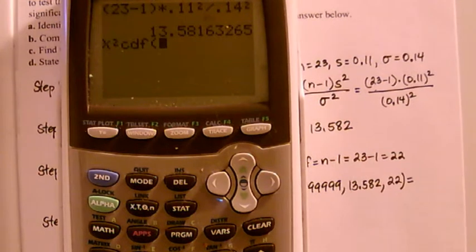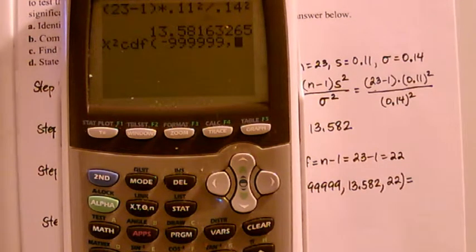So you'll enter your lower bound of negative 999,999, and then in my case it's separated by a comma, but if you have the newer TI-84, you have to press enter, and then your test statistic 13.582, comma, 22. And then press enter. Now in this case it's going to be 0.0844.